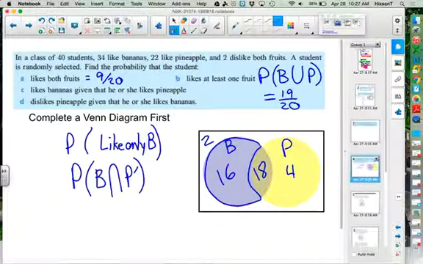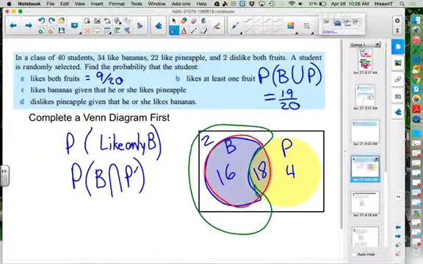Okay? Think about it. We're intersecting all of B with not P. Okay? 18. Where do those overlap? They overlap at 16.